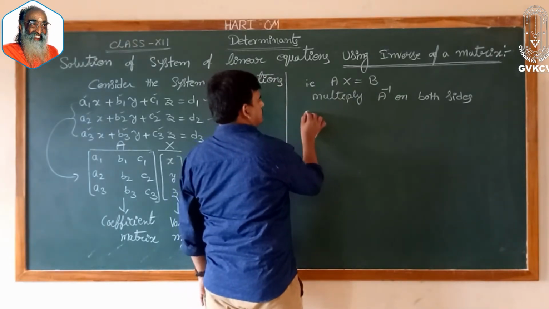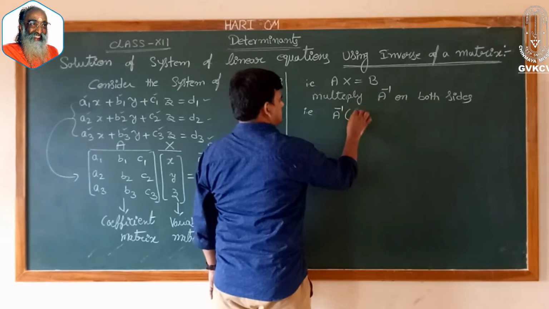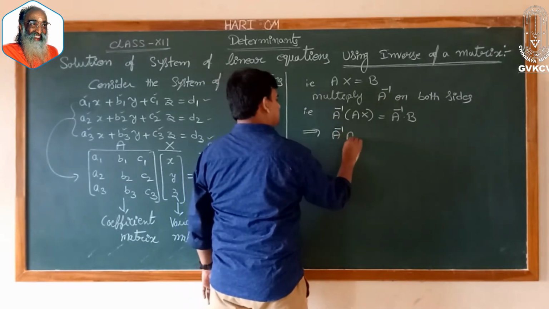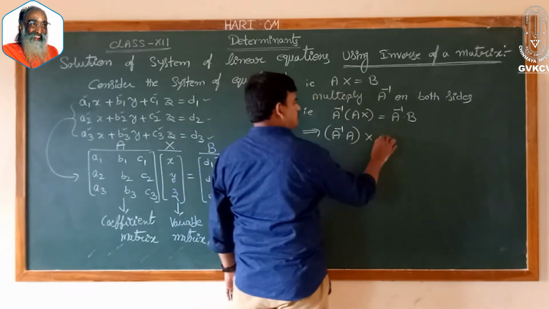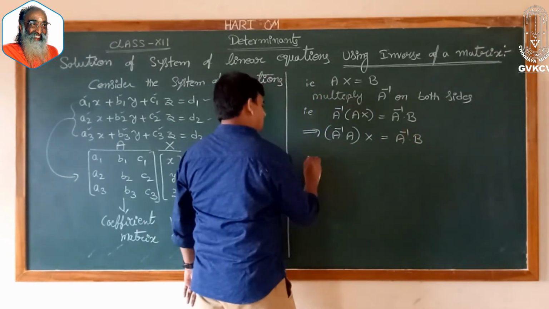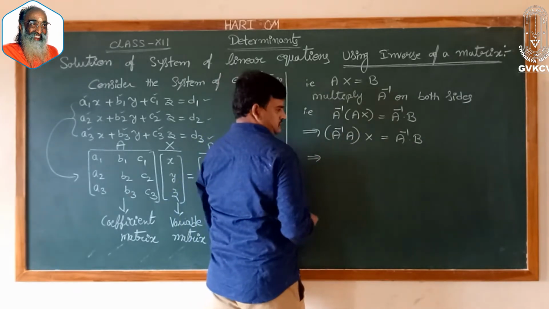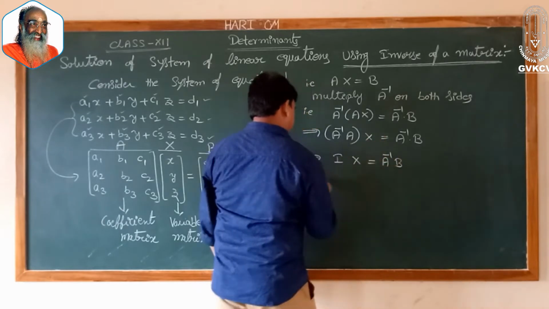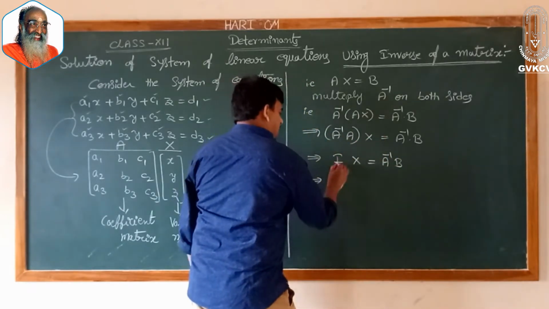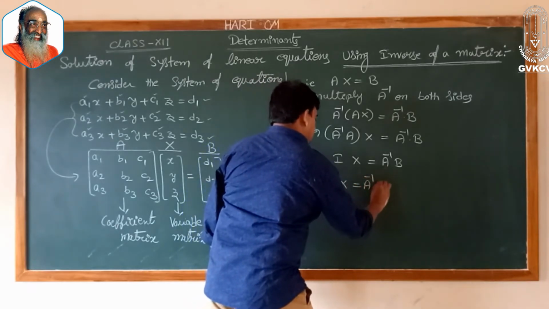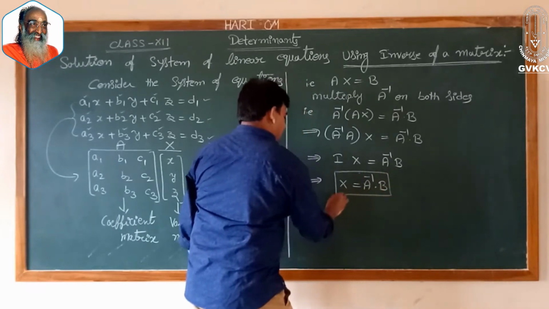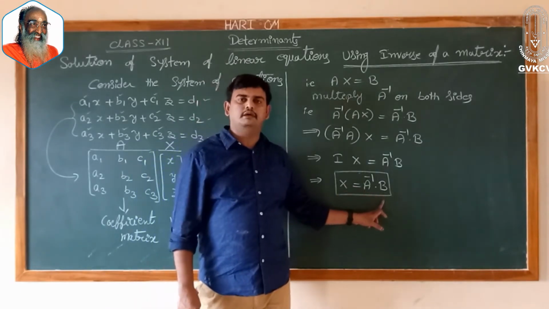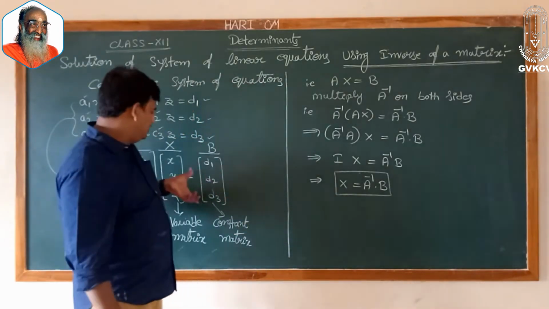When we multiply A inverse on both sides, that is A inverse into AX is equal to A inverse into B. By applying the associative law, A inverse into A into X is equal to A inverse into B. By applying the multiplicative inverse, A inverse into A becomes I, so I into X is equal to A inverse into B. By applying the multiplicative identity property, I into X is X, so X is equal to A inverse into B. So now we have another equation: capital X is equal to A inverse into B. Here X is nothing but the variable matrix.